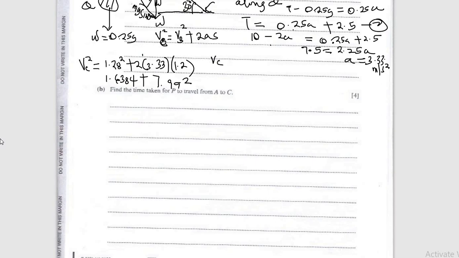So VC is now the square root of the addition, that's 9.6304. So square root of 9.6304, we have 3.1. So velocity at C is 3.1 meters per second.